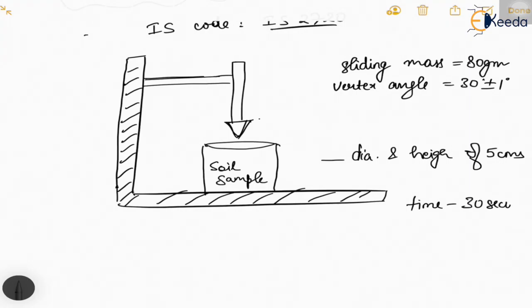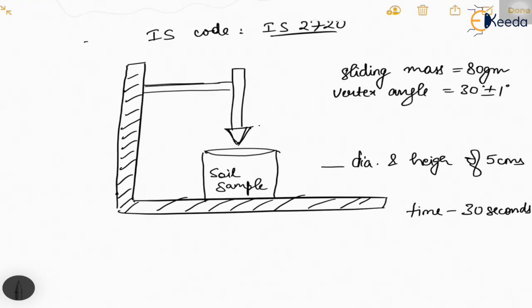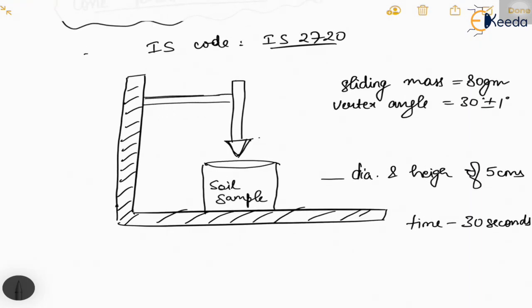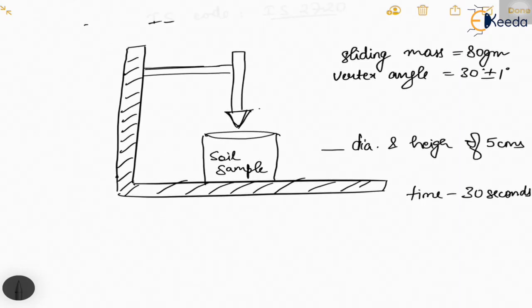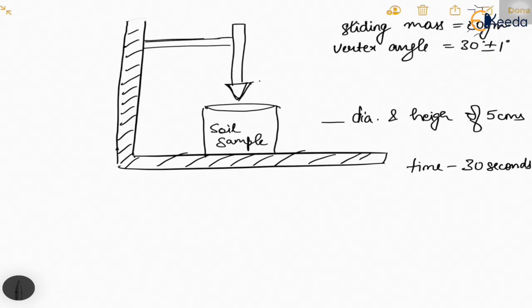It is around 30 seconds. So we have prepared a soil sample with a particular amount of water content, and we have placed it in the cylindrical vessel. We allow this cone to penetrate the soil mass for a period of 30 seconds, and further we take the reading using the graduated scale on it.